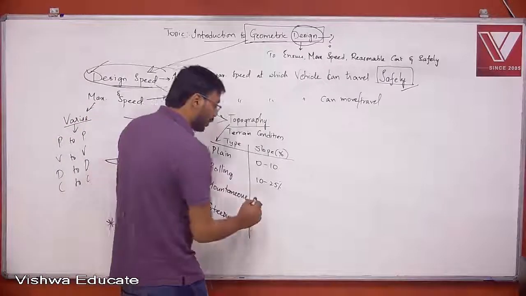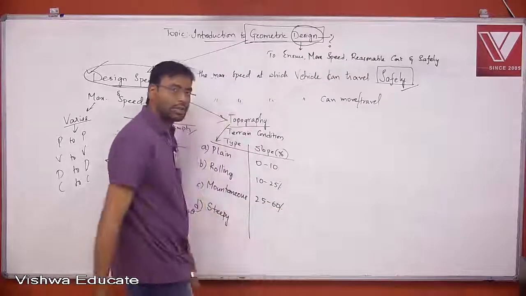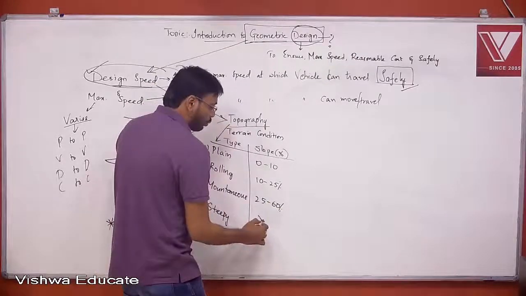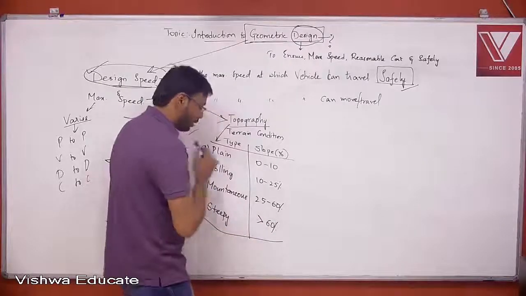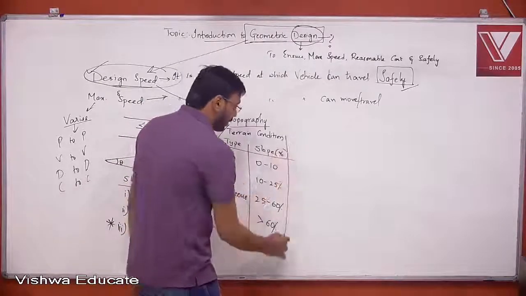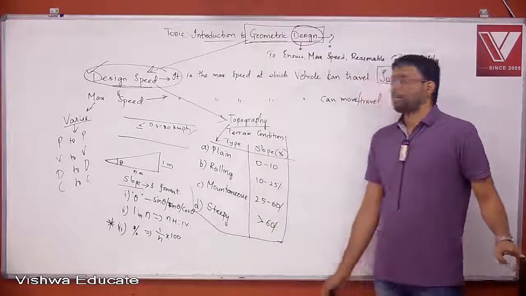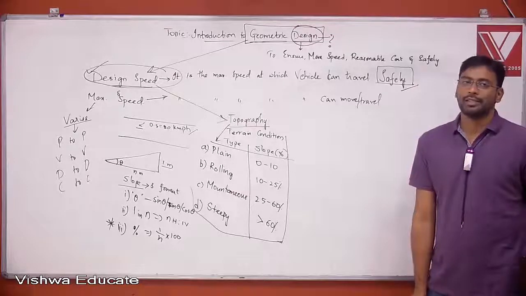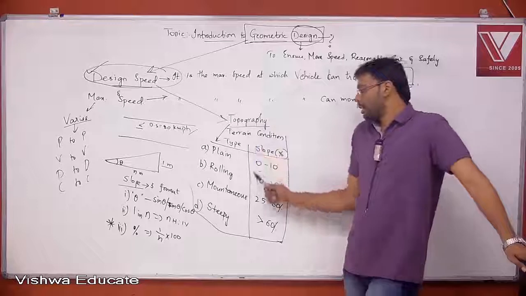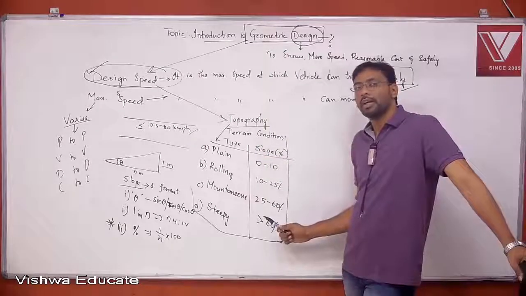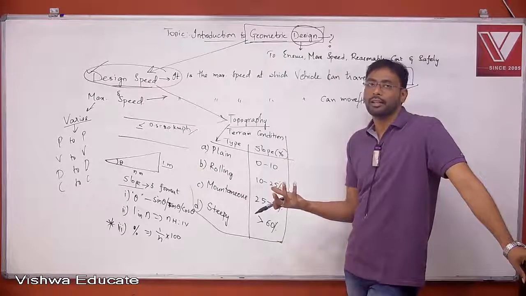If it is between 25 to 60%, it is called mountainous terrain. And if it is more than 60%, it is called steepy terrain. So that is how we say the terrain of that particular region based on the slope. And it is very common sense that as the slope increases, your design speed is going to decrease, obviously, right or not?